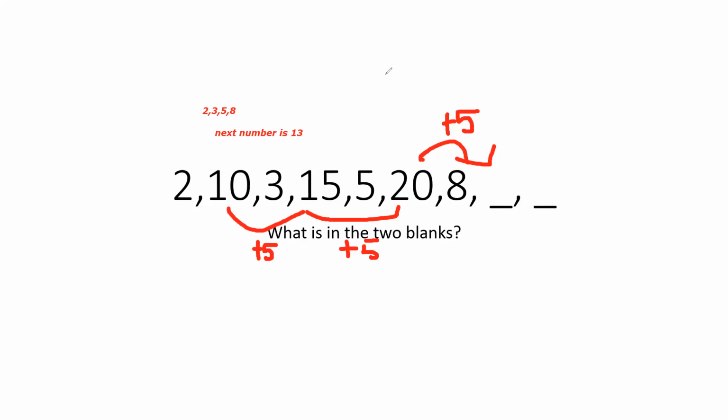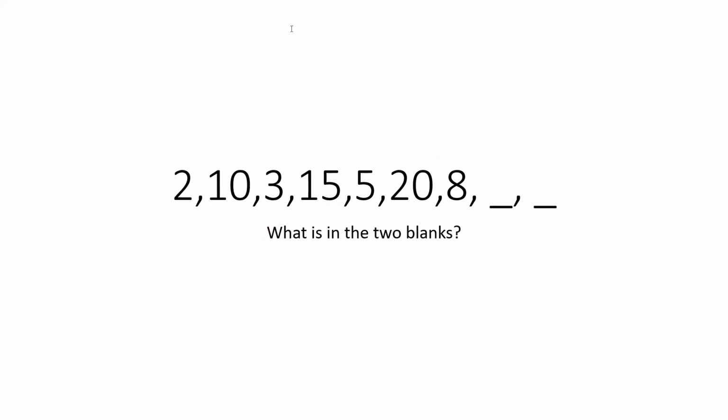And as we know, 20 plus 5 equals 25. Congratulations, we got the first number. So the next number is 13. We already got it because it skips one number. So this question is actually quite simple if you understand the Fibonacci sequence. It focuses mainly on the Fibonacci sequence.